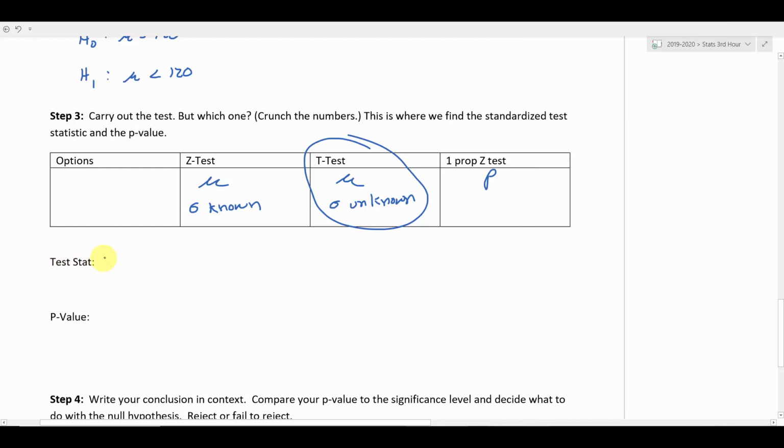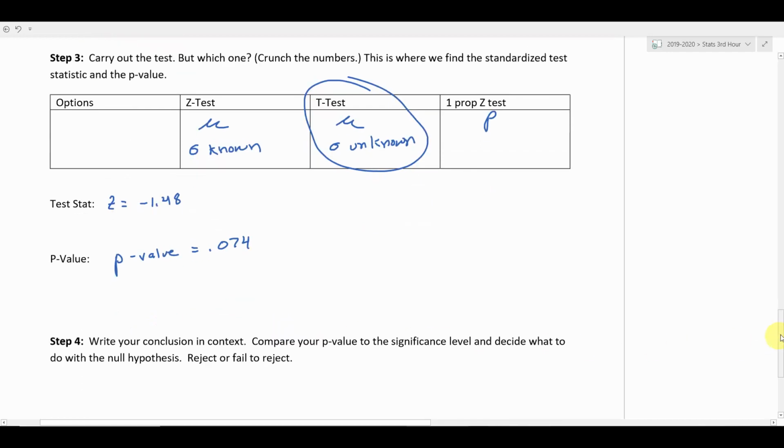So I'm going to say that my test stat t equals negative 1.48 if you round to 2 decimal places, and my p-value equals 0.074.